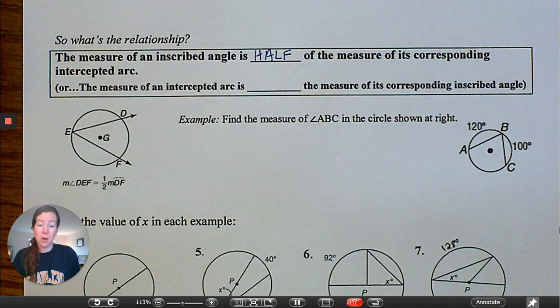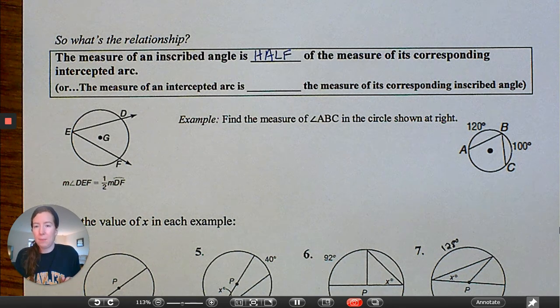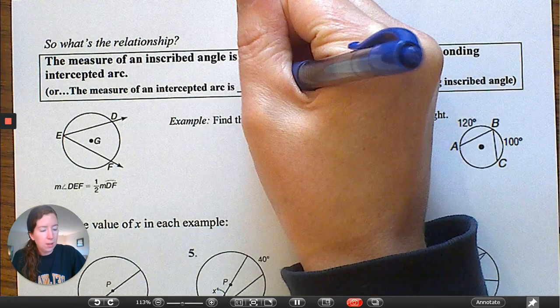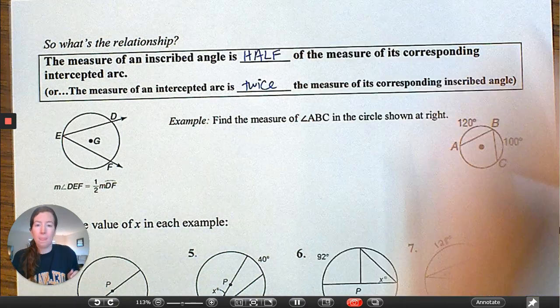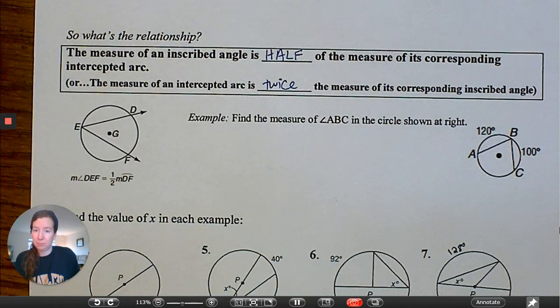Half. Always, no matter what. And we just saw that was true. Now, there's lots of other orientations it could have been, but it still works out the same way. If you want to think of it the other way, the intercepted arc is always going to be twice the measure of its corresponding inscribed angle.